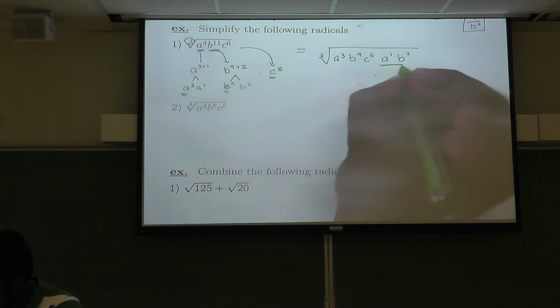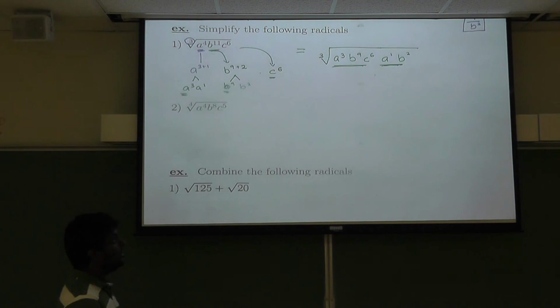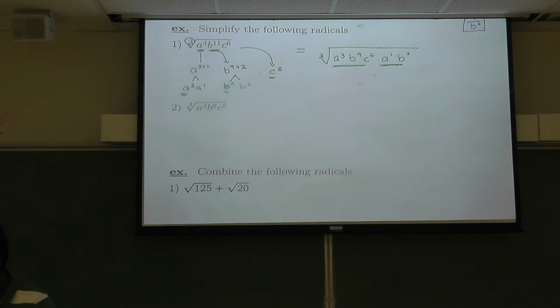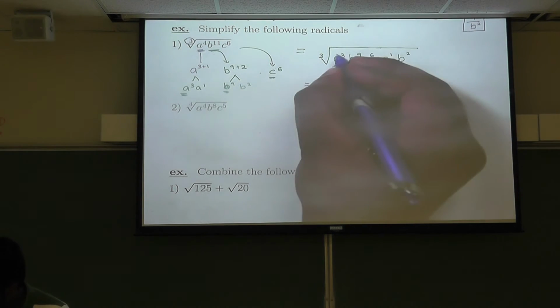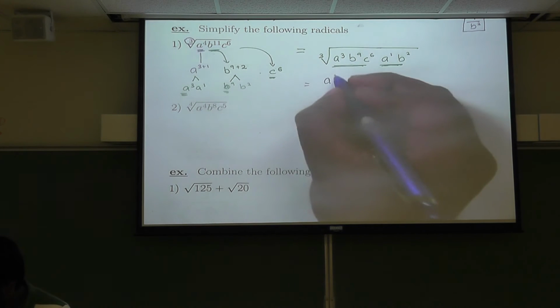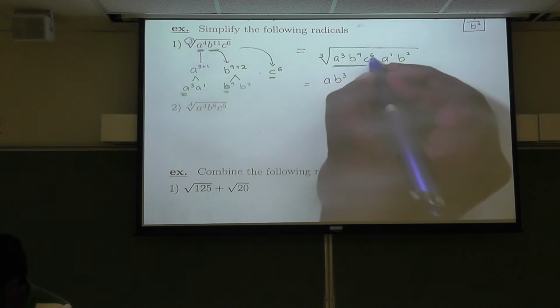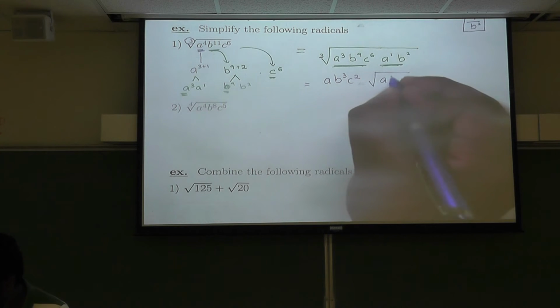That's what's remaining, and these are the multiples of 3. Now you can see it's very nicely written. You can pull things out from the cube root. Cube root of a to the 3 is just a. Cube root of b to the 9 is b to the 3. Cube root of c to the 6 is c squared. And what's remaining inside is ab squared. Done.